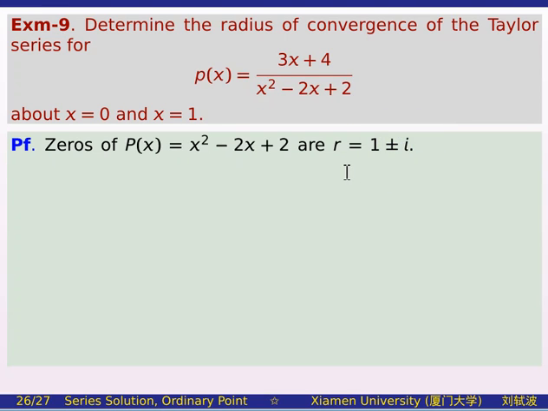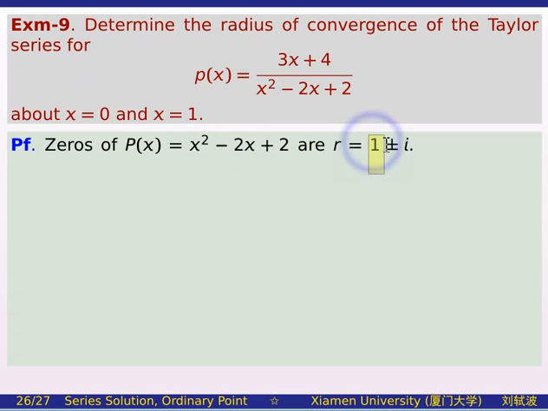Then by our remark, the Taylor series of this function about x equal to 0 has radius of convergence equal to the distance from the nearest zero of capital P to x equal to 0.